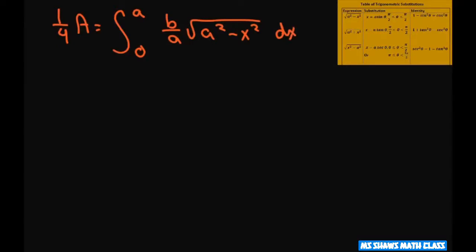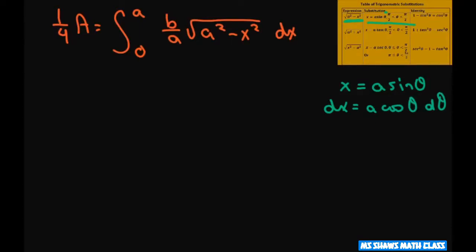We're going to use our trigonometric substitutions because it has this expression form to help us integrate. So we're going to let x equal a sine of theta, and we're in between negative pi over 2 and pi over 2. Dx, therefore, would be a cosine of theta d theta.